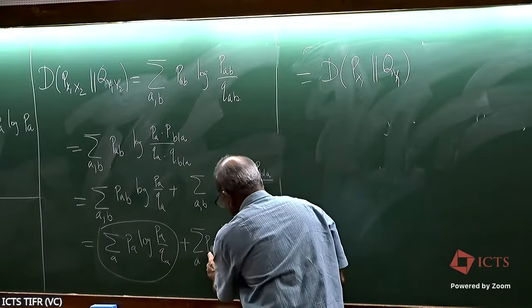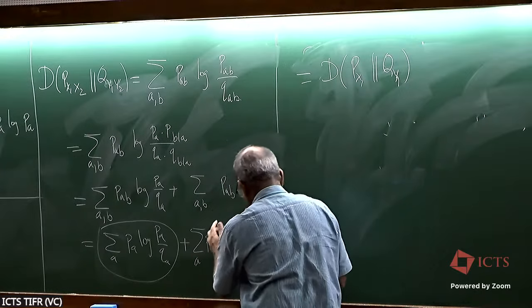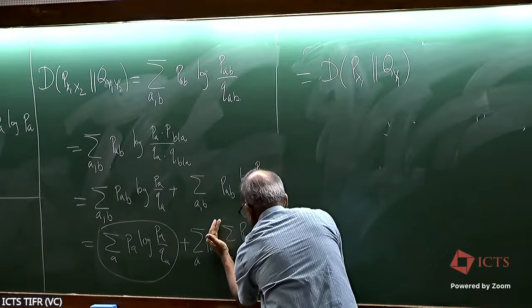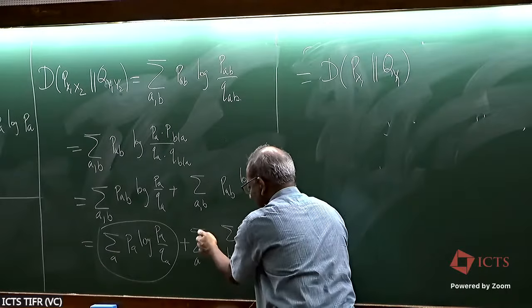And then we are multiplying P(A) with some quantity. In this sum, A is fixed. So what does this look like?